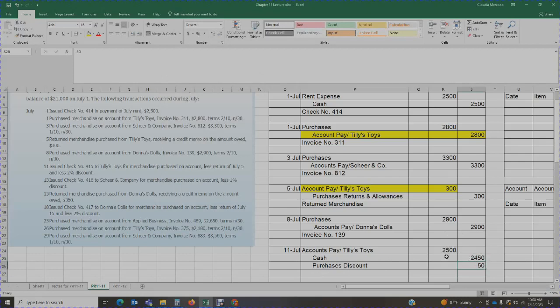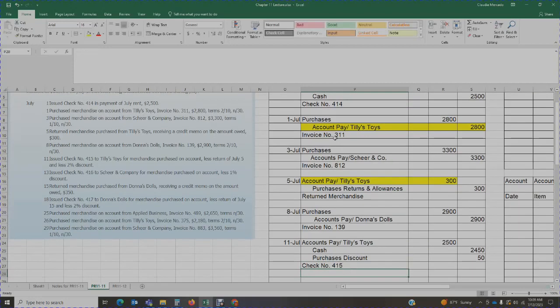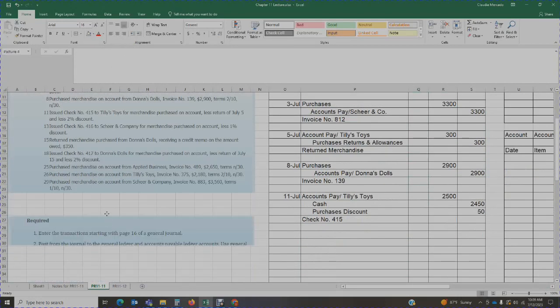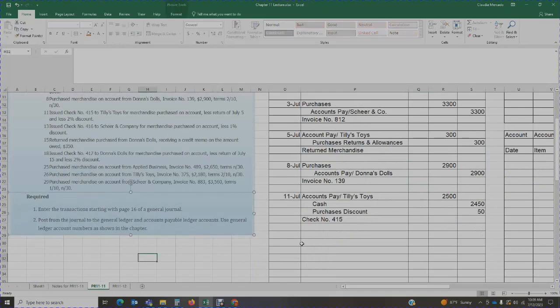We're going to clear our payable for the full amount of $2,500. We've calculated our 2% discount at $50. That means that we're only going to pay out cash of $2,450. And this is check number 415 for Tilly's. So that happened on July the 11th.